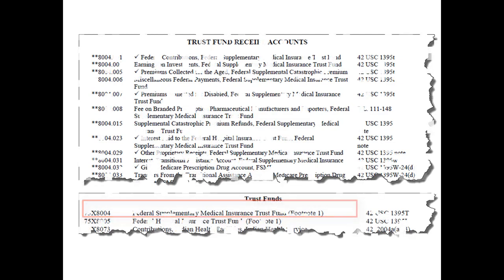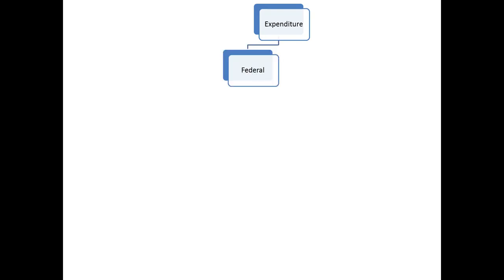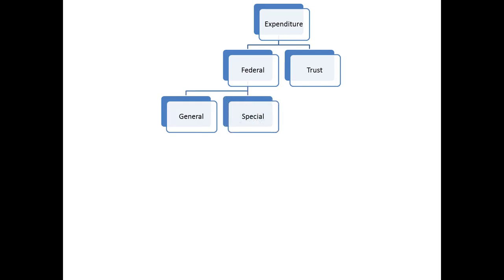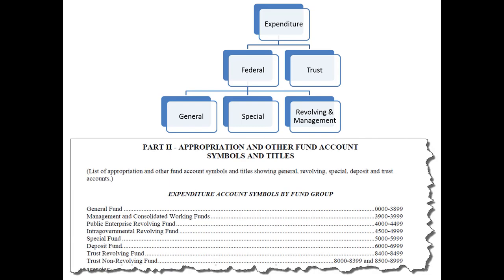Let's focus on expenditure accounts for a moment. Expenditure accounts are also divided into two types, federal and trust. And federal funds are made up of general, special, and revolving or management funds. Here is the listing of expenditure account symbol ranges from the FAST book.